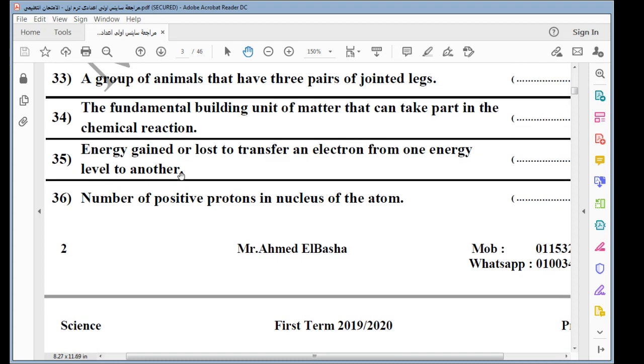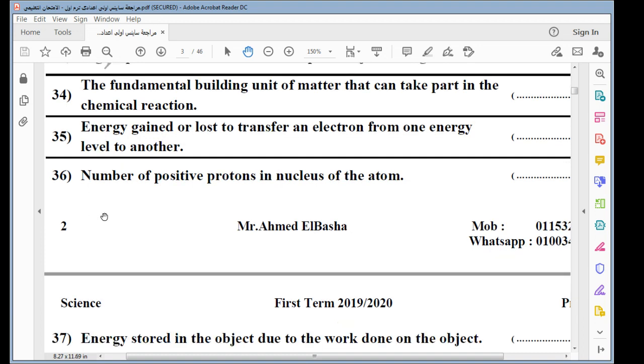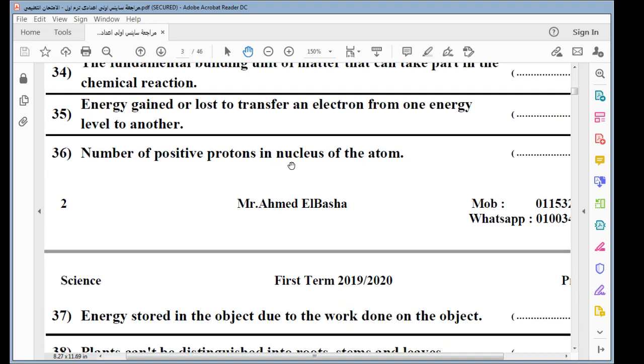Number 35. Energy gained or lost to transfer an electron from one energy level to another. Of course, this is the quantum. Number 36. Number of positive protons in the nucleus of the atom. Of course, this is the atomic number.